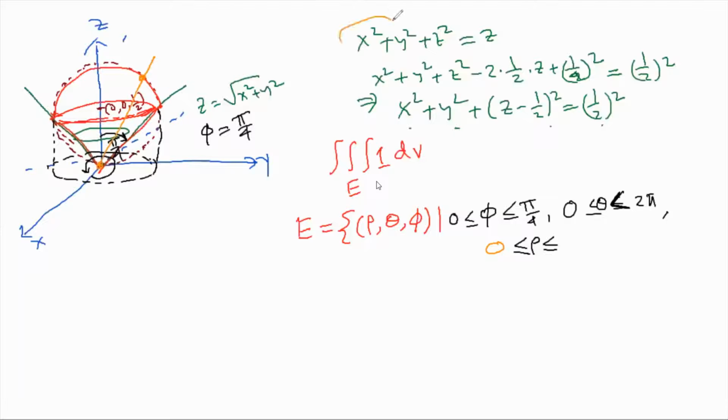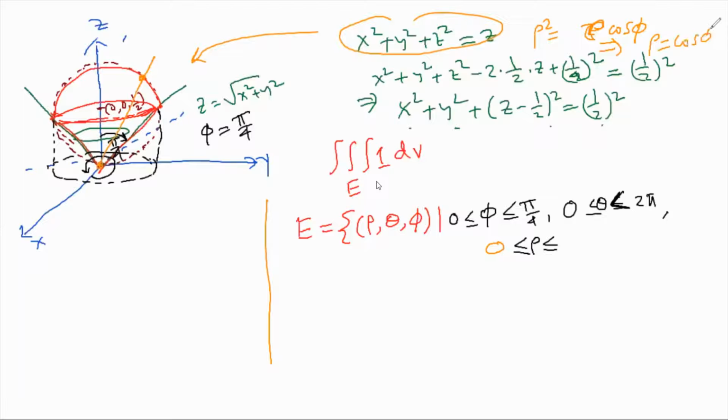So that means you have to take care of the equation in spherical coordinates. So in spherical coordinates, what is this going to be? x squared plus y squared plus z squared becomes rho squared. And z becomes what? z becomes rho cosine phi. So if you cancel rho, that becomes rho equals cosine phi. So basically the equation of the sphere is rho equals cosine phi.